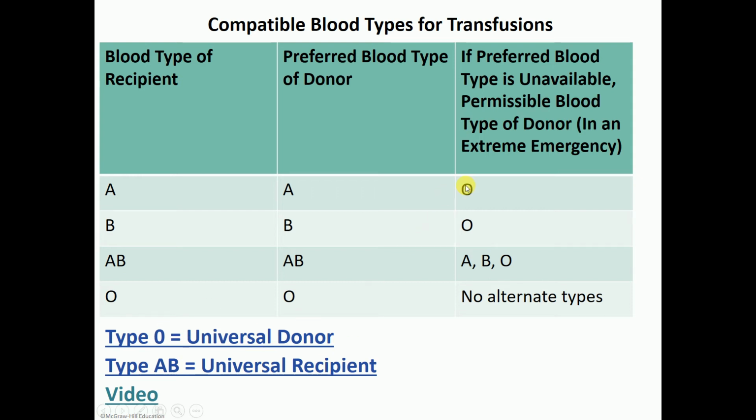So whether the recipient is type A, AB, or O, they can all get blood type O as a second best option. So type O is your universal donor. Now for type AB, they are the universal recipient.